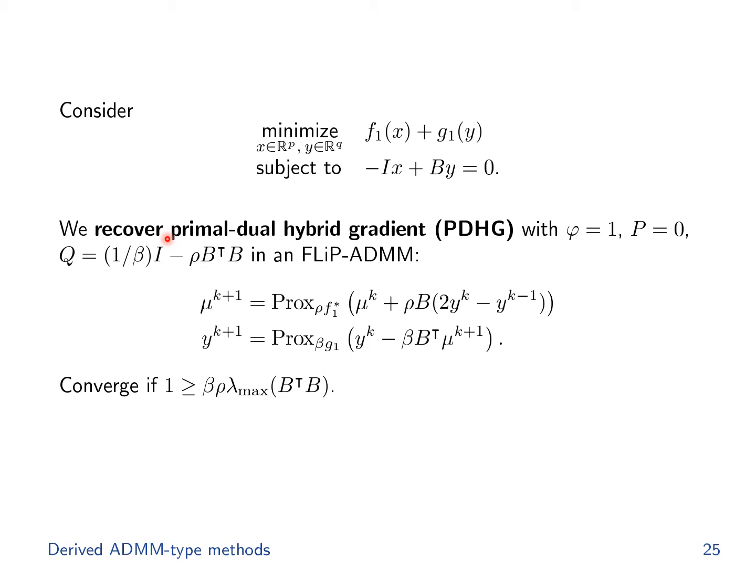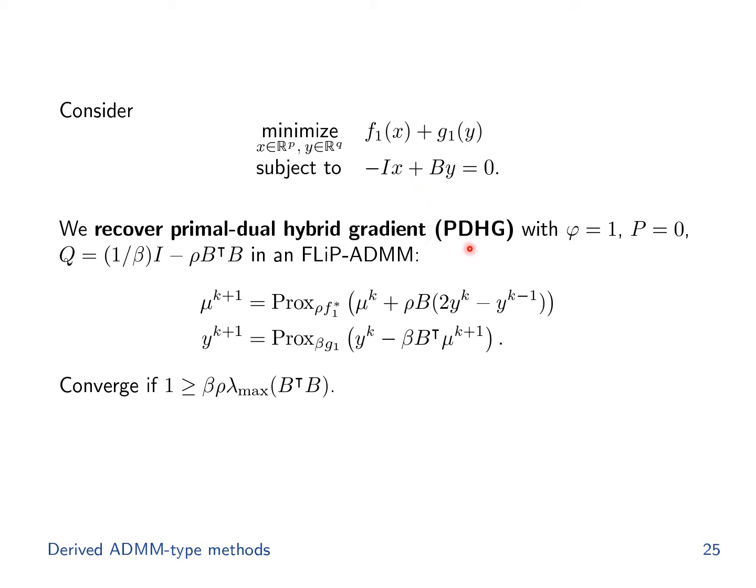The primal-dual hybrid gradient method, PDHG, is a special case of linearized ADMM. Consider this formulation where we have set the A matrix to negative identity. So we can substitute x by B times y. The original objective is simply f1 of By plus g1 of y without explicit constraints.